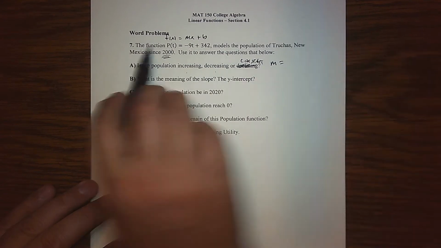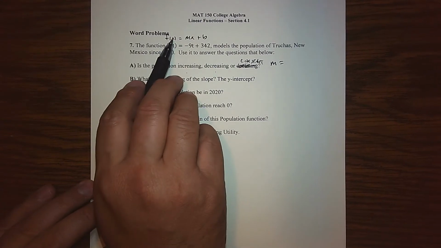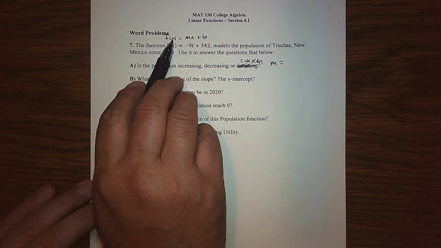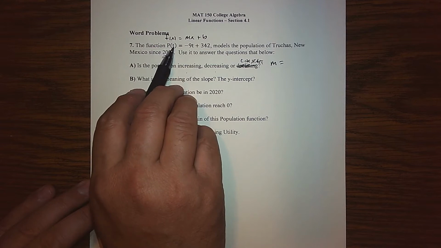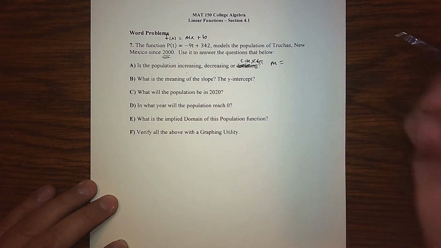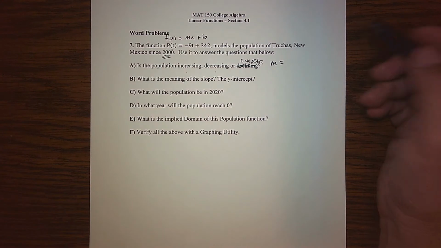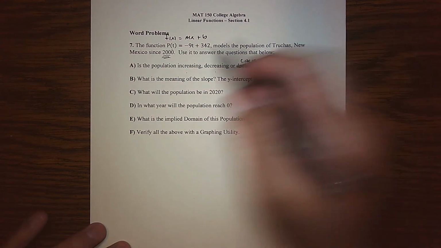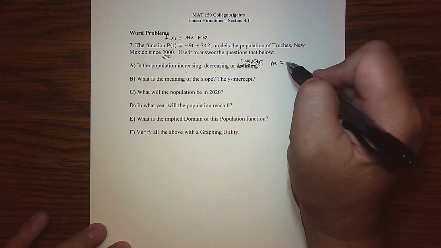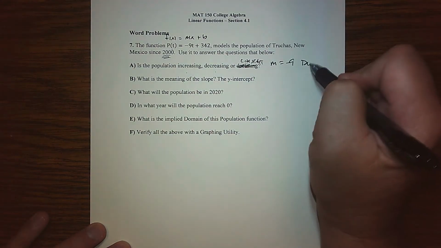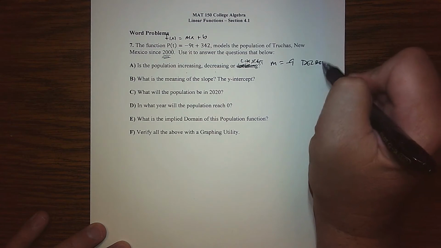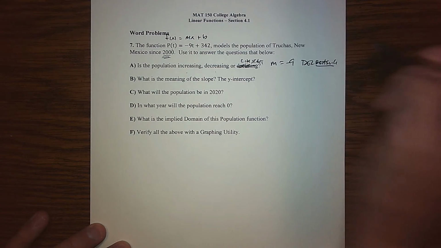We're just exchanging f with p, and exchanging our independent variable x with the independent variable t. So it's basically slope-intercept form, just in some new variables. Our slope is sitting right in front of that t, so it's negative 9. This means that the population is actually decreasing.